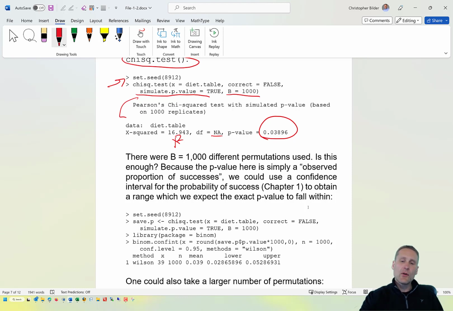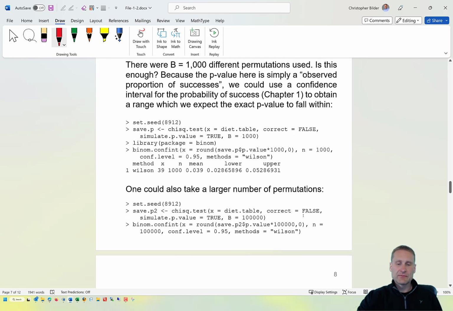So what we can do is think of this 0.03896 as essentially coming from a sample of size 1,000, and going back to chapter 1, how about we call that pi hat? And then we use that to form a confidence interval for what the true value of pi is, which would be the true p-value if one did all possible permutations. Okay, so let's do that.